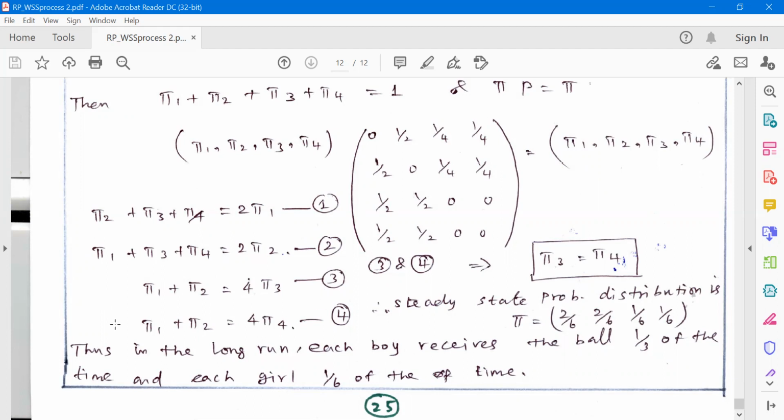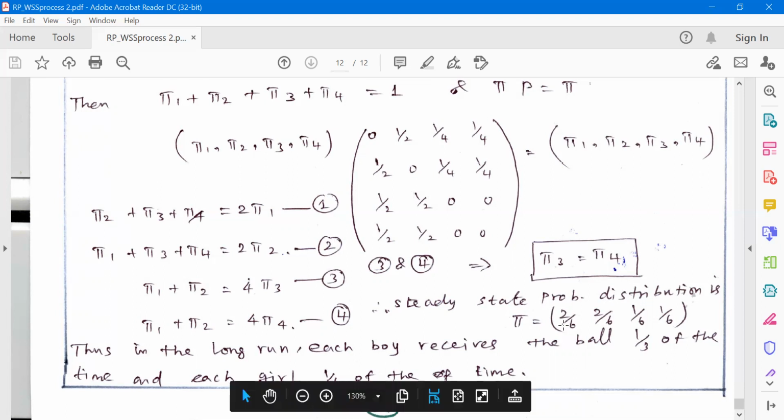From equations 3 and 4, the left hand sides are equal, so we can equate the right hand sides. So we conclude pi 3 = pi 4, and substituting pi 3 = pi 4 in equations 1 and 2, I get the values 2 by 6 and 2 by 6, and pi 3 and pi 4 values are 1 by 6 and 1 by 6.